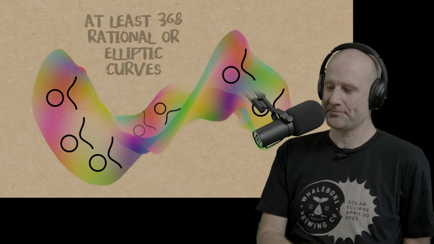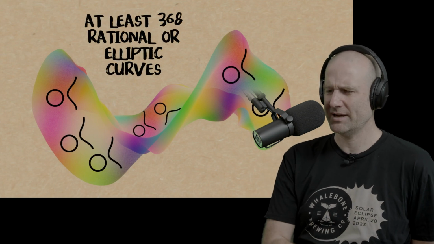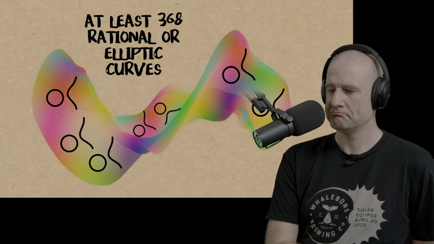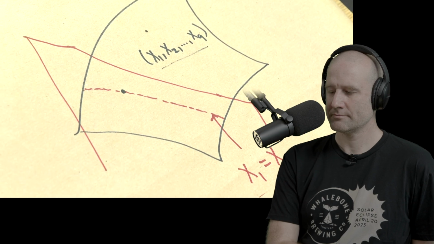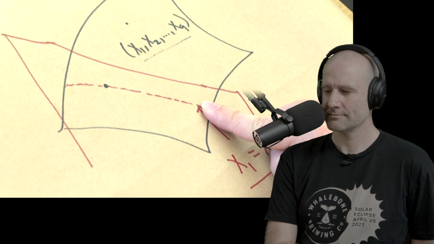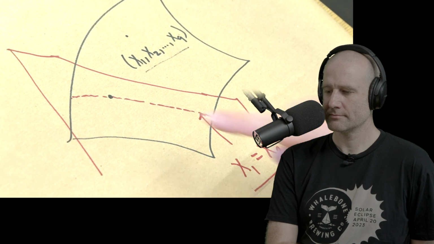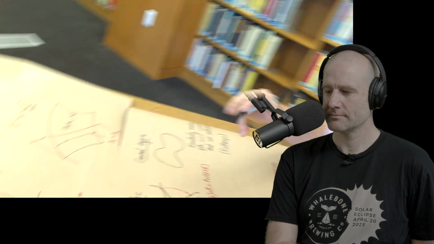In fact, this Parker surface has 368 of these curves that we know of. So there's at least 368 of these rational or elliptic curves. The sad thing, though, is that the way we've constructed these is that we looked at slices like this. What happens if I take x1 equal to x2, that gives me some kind of curve on the surface. The curve itself might break into a few pieces when I do the slicing.